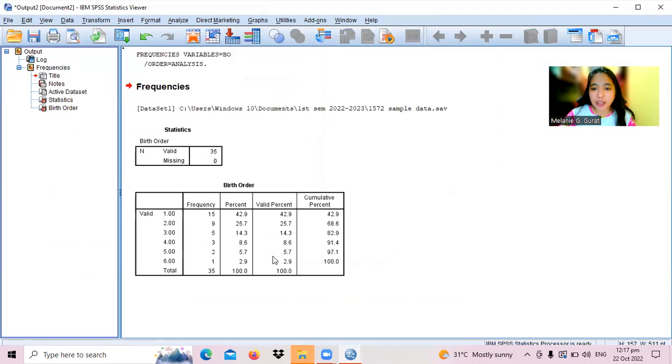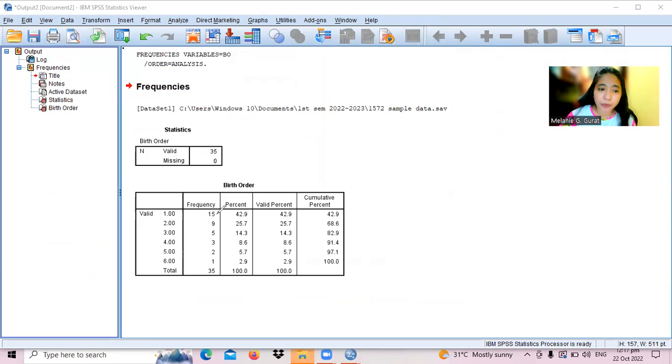So we can see in our table that we have 15 first born or only child, 9 second, 5 third, 3 fourth, 5 fifth, and 2 sixth child is 1.